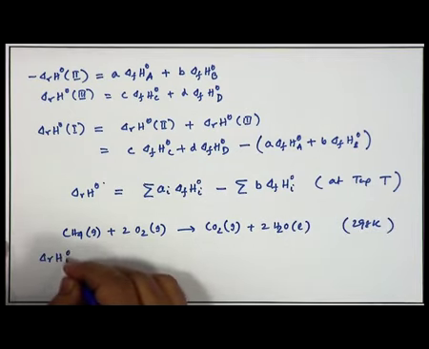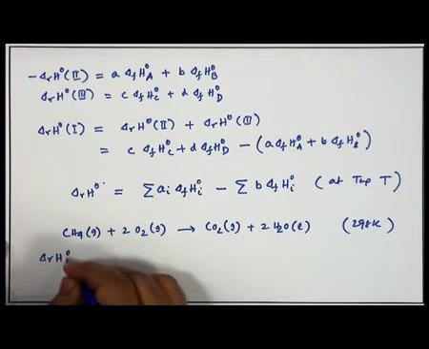So, we can write for the products first delta F H 0 of carbon dioxide gas plus delta F H 0 of H2O liquid, 2 moles. So, we have to put 2 here, minus delta F H 0 CH4 gas minus delta F H 0 O2 gas, 2 here because of 2 moles here.